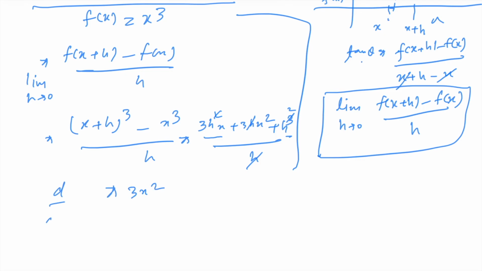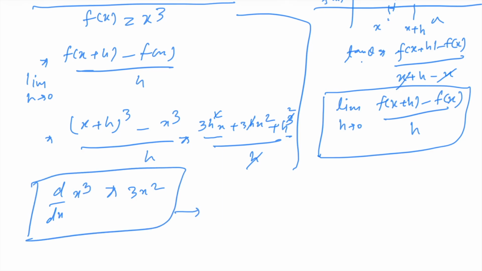So we could write d/dx of x cube is this much. We can generalize this formula for x to the power n, where we have to do the binomial expansion, and then we'll get the formula like this. Here n should be greater than or equal to 1.